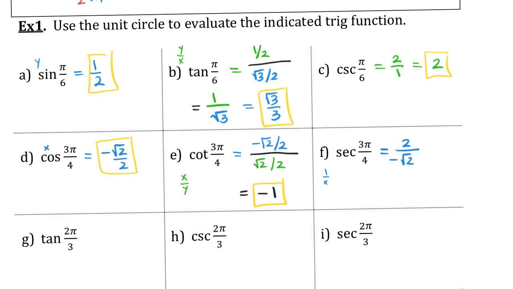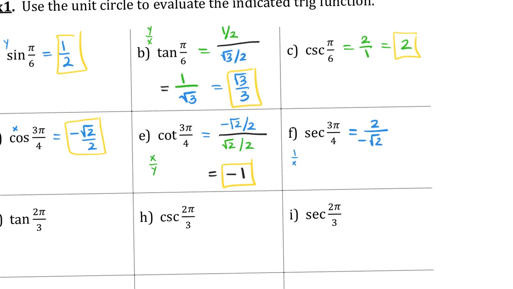If I rationalize this, I multiply by root 2 over 2. So I get 2 root 2 over negative 2, which is good, but now I can cancel out the 2's. So root 2 divided by a negative gives negative root 2. So the secant of 3 pi over 4 is negative root 2.